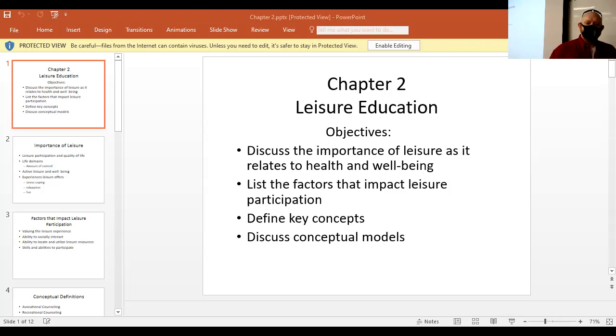Social interaction skills. What sort of communication skills do they have? Are they verbal, nonverbal? Do they have a really bad stutter? Does that make them shy? That could be a situation where they don't want to become a big part of a social group because they have a stutter, and that makes them self-conscious.